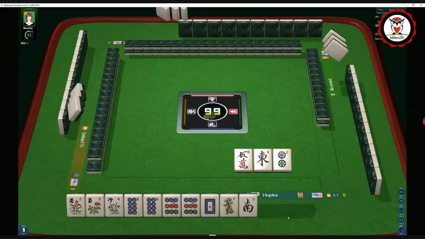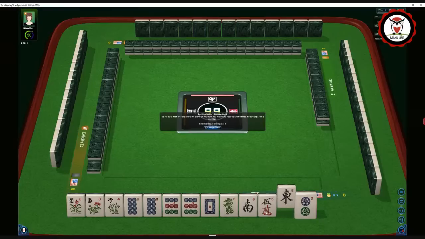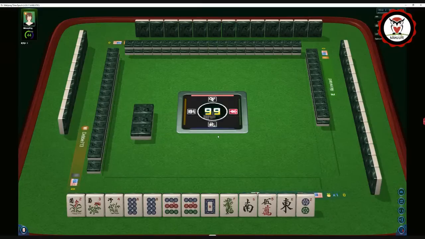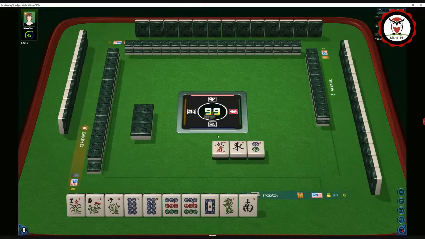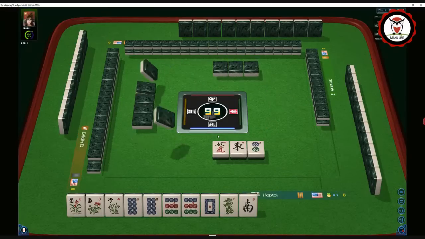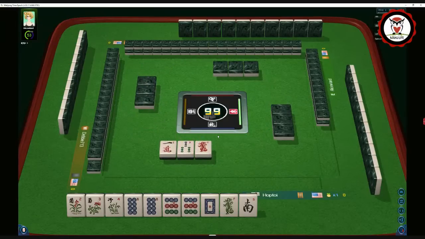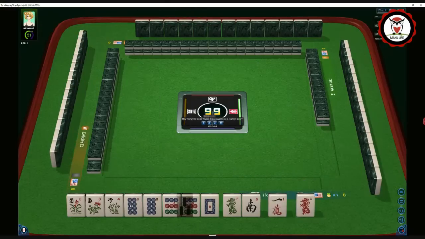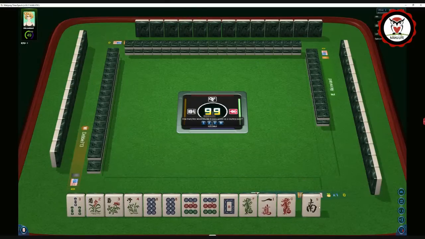Hmm, 2 dot. I would not pass 2 wins. Dragons. There's a 3. South 1.